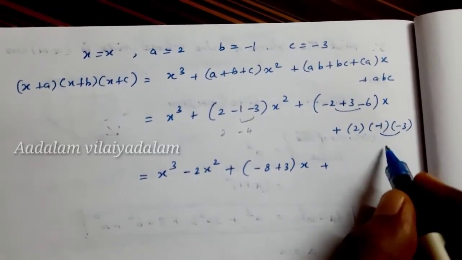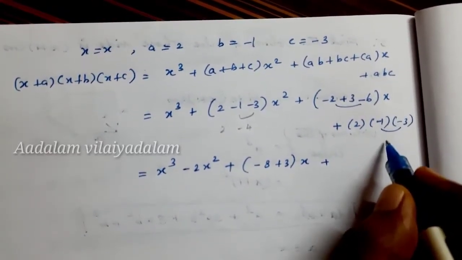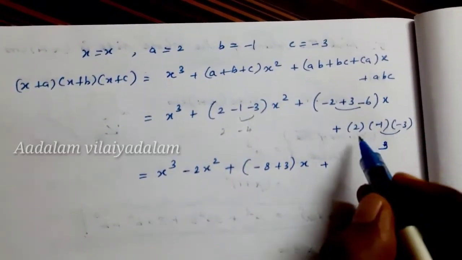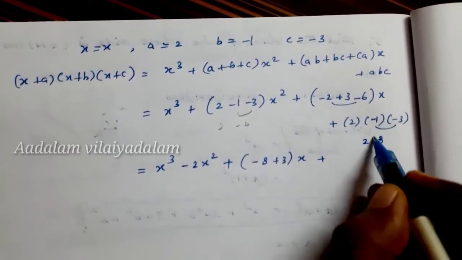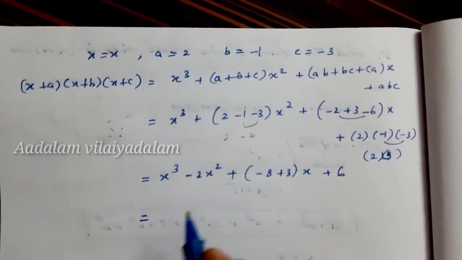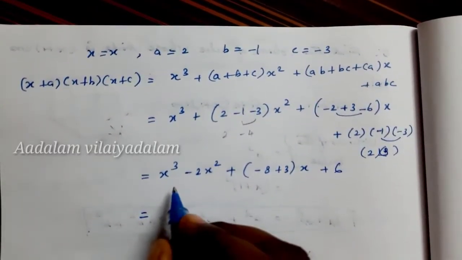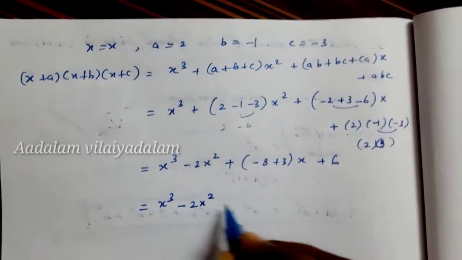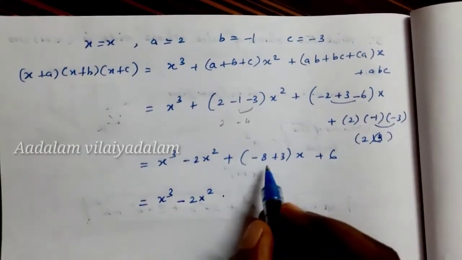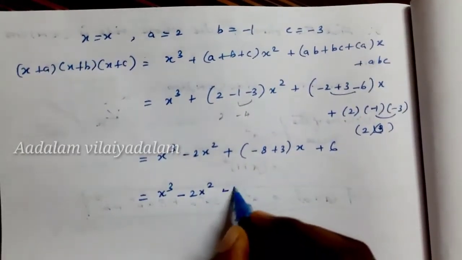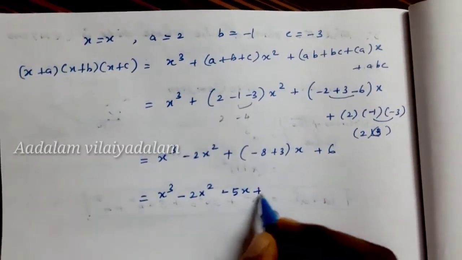Minus into minus we get plus, then 3 ones are 3, then 2. So multiplication of these values we get 6. Then x^3 minus 2x^2. Here the subtraction of these values gives minus 8 plus 3, minus 5x, plus 6.